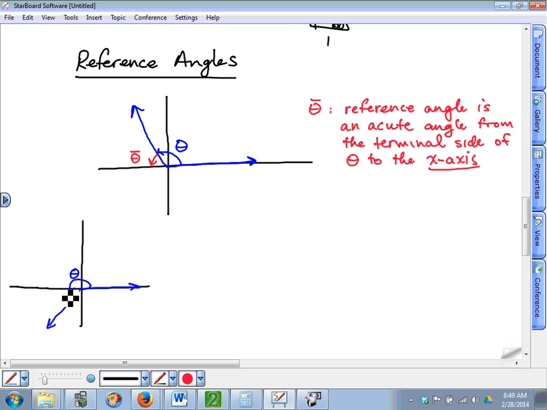We would have to go back. This gap right here, that's theta bar. Some students make the mistake of continuing that angle to the y-axis, but a reference angle is never drawn to the y-axis. It always must be drawn to an x-axis, and it's always positive. So it's not like we're going backwards and measuring clockwise. We're still measuring counterclockwise.